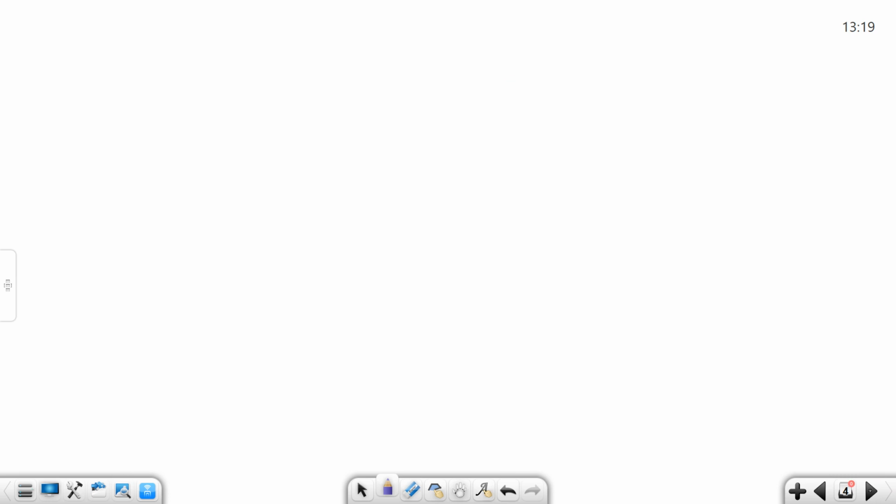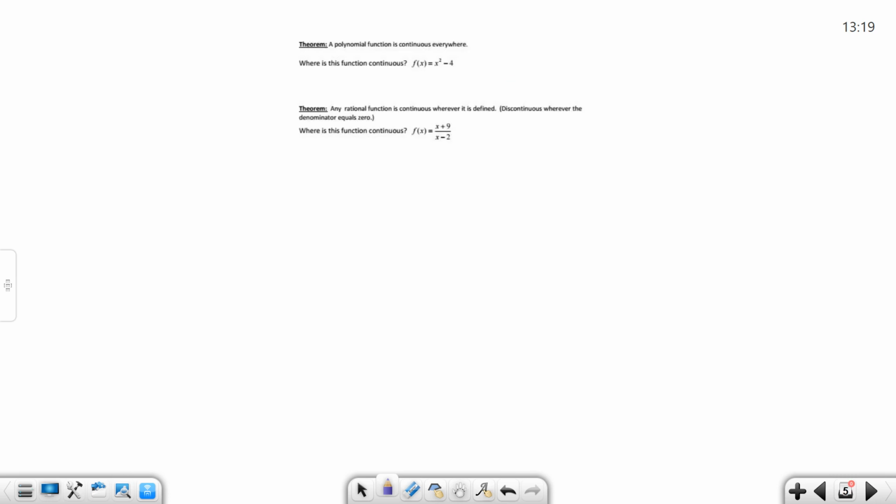Now the main way we're going to find these is with functions. So you have some theorems on your note sheet. It says a polynomial function is continuous everywhere. In other words, we're looking for the domain. So if I said, where is this function continuous, x squared minus 4, it would be continuous everywhere from negative infinity to infinity.